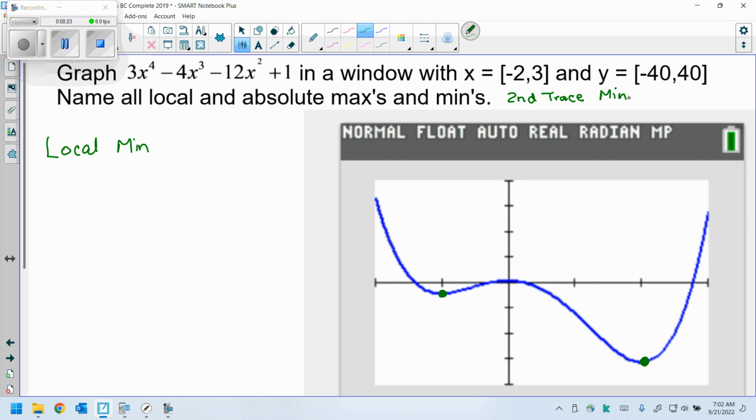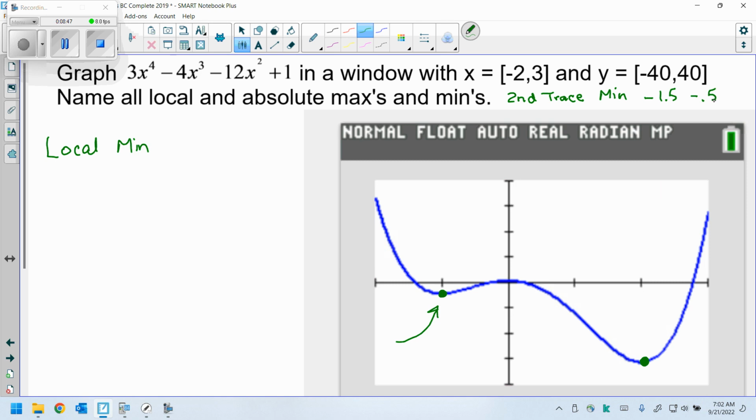And when I want to calculate this minimum here, I've got to give it an interval. I've got to give it a left bound and a right bound. Maybe I say it's somewhere between -1.5, and I press enter for the left bound, and -0.5 for the right bound. It then asks me to guess.